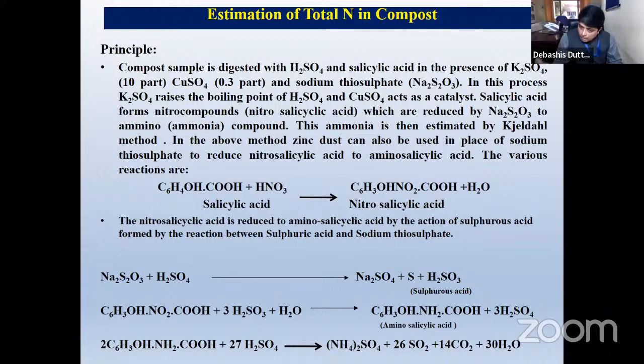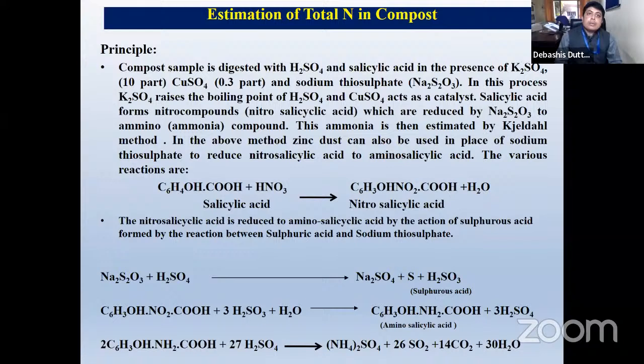So before recommendation or application of an organic source of nutrients, we should know the actual percentage of nitrogen or different types of nutrients present in the organic source or organic manure, and from that percentage of nutrient we can easily calculate how much organic manure we have to apply in the soils for getting the optimum yield from the production system.